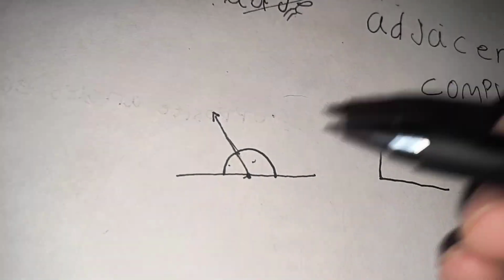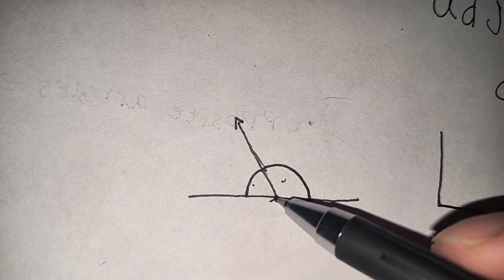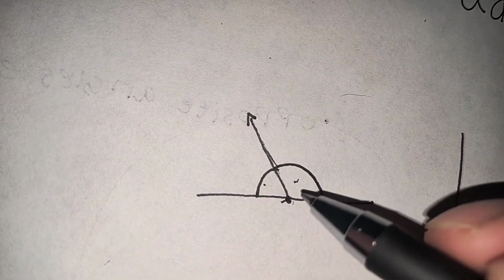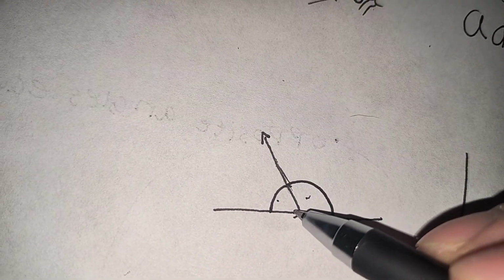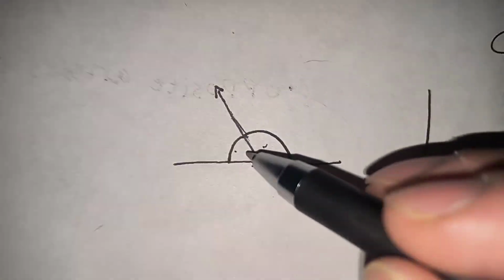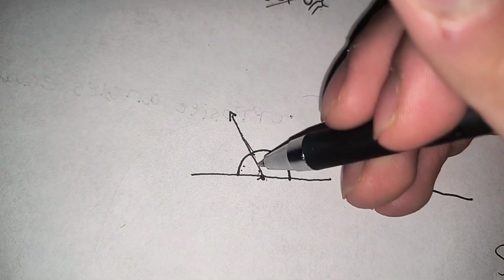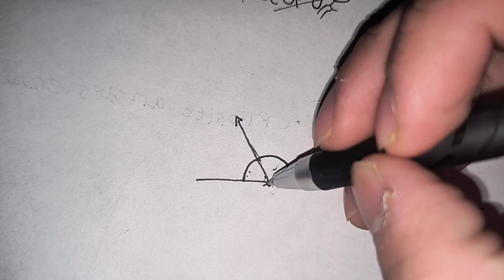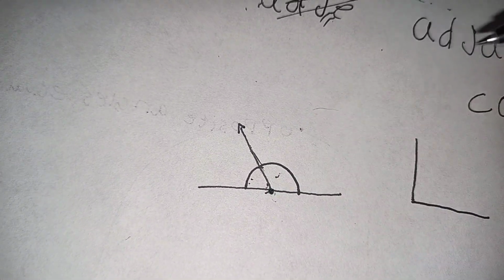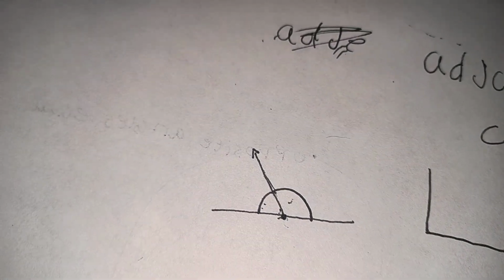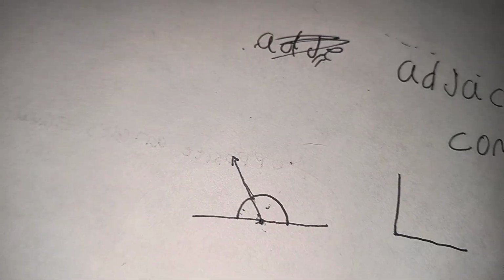So adjacent angles are angles that share the same pivot point and share a common side or a common line. These are adjacent angles because they share this line right here and they both go around this point. So these are adjacent angles.